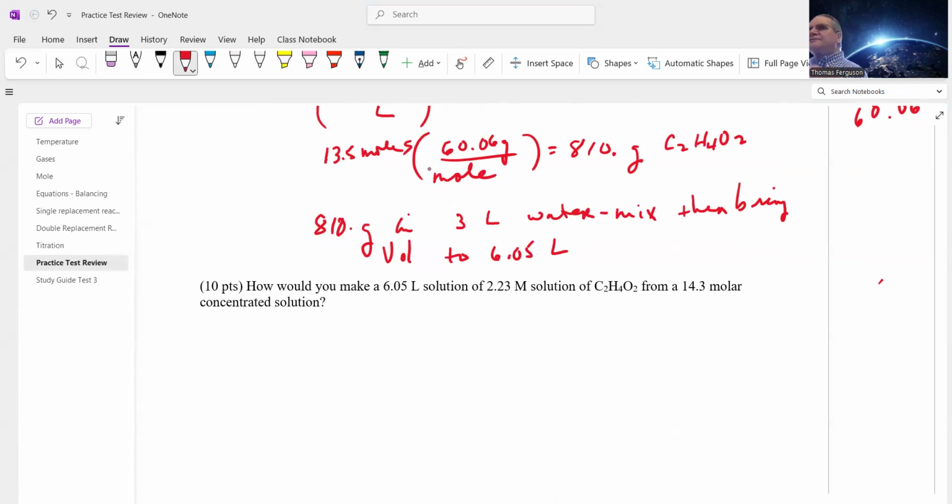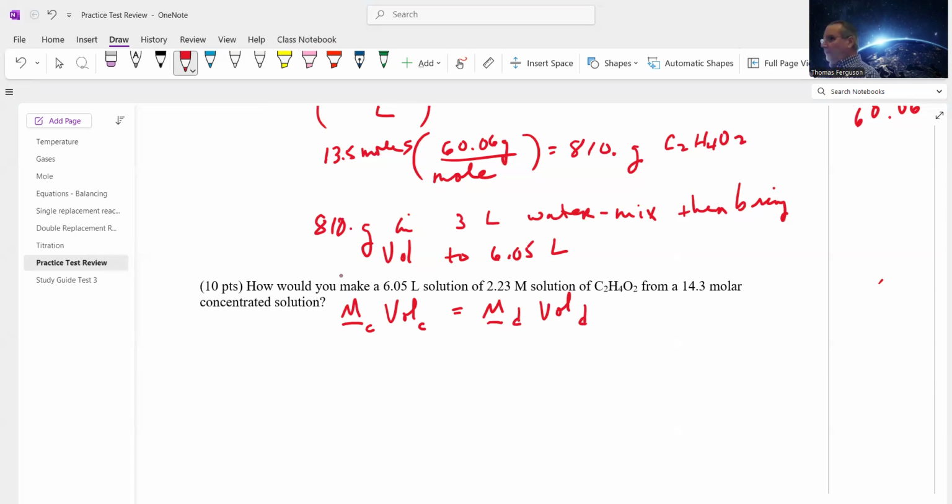So the moles of the concentrated equals the moles of the dilute.